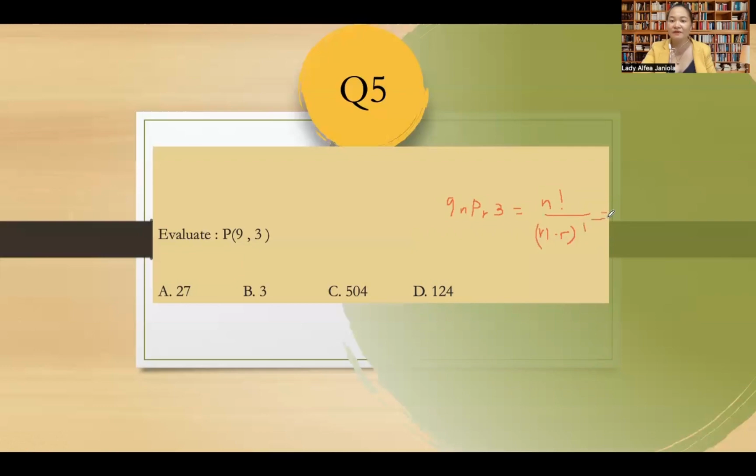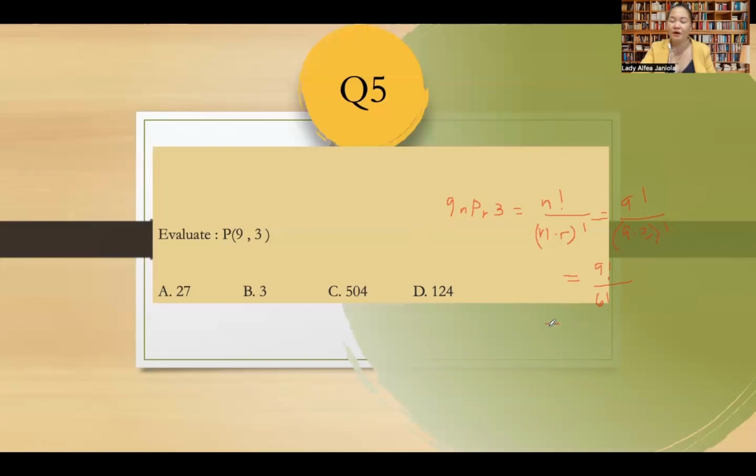So that is 9 factorial divided by, that is 9 minus 3 factorial. 9 minus 3 is 6. So we have there 9 factorial divided by 6 factorial.